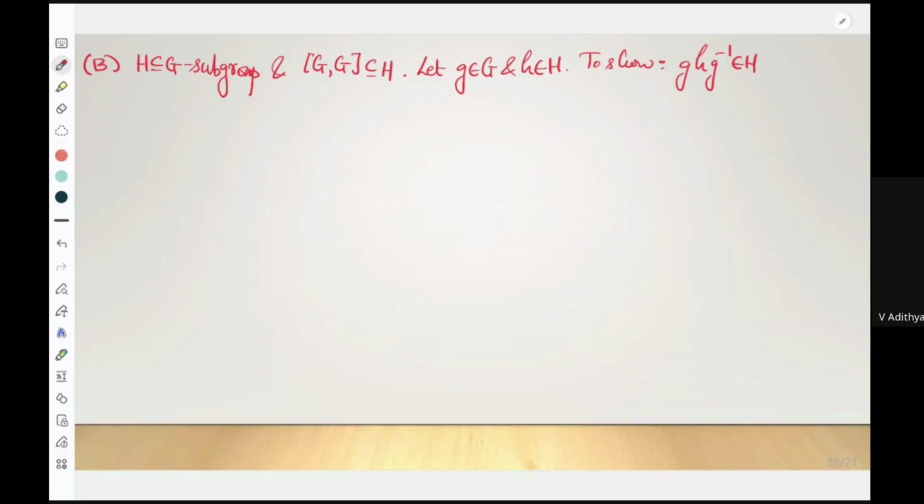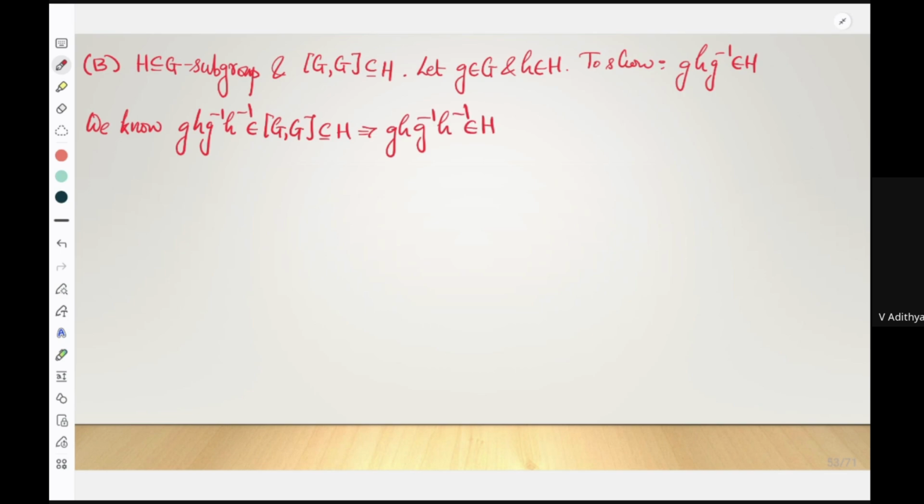We know g h g inverse h inverse belongs to the commutator subgroup, which is contained in H. This implies g h g inverse h inverse belongs to H. Now h is also in H, so multiply by h on the right side.